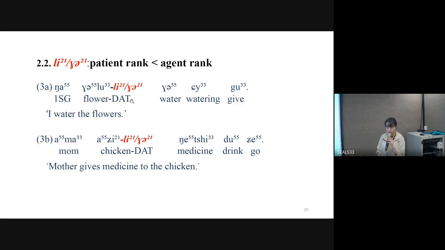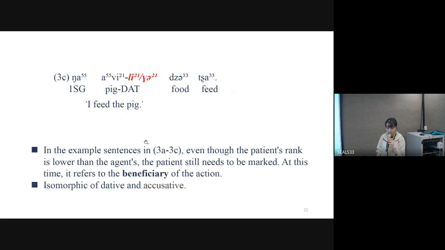Some material is a beneficiary mark. 3B, ama, me, or gets to eat: Mom gives medicine to the chicken. Even though the chicken is lower rank than the agent, it is marked with the beneficiary mark. 3C shows some situation.